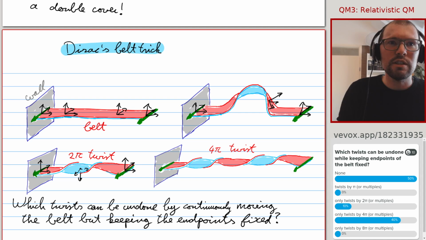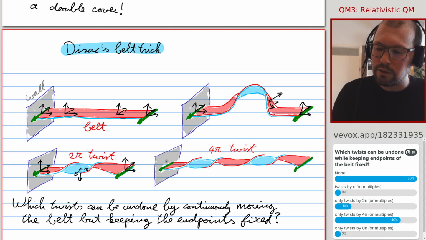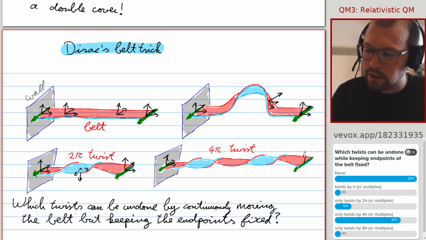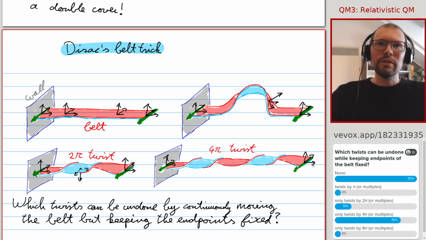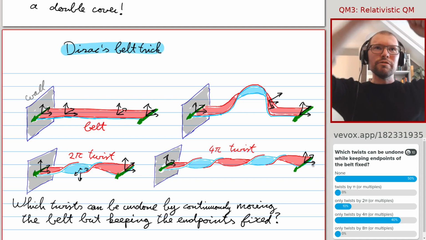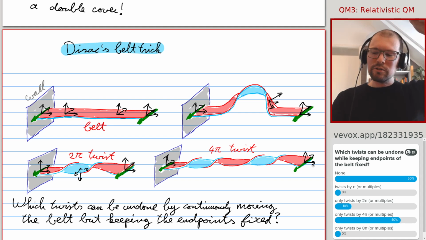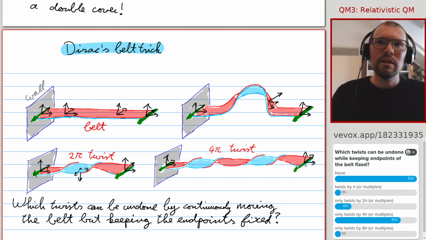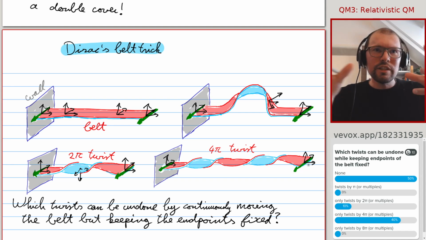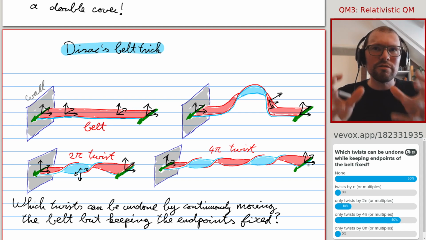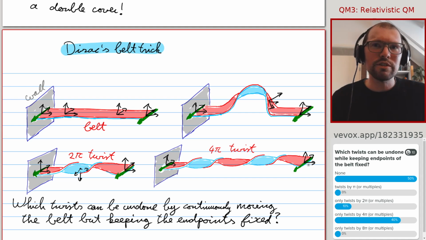So this is again a continuous path through the group of rotations from the identity to the identity. And the same for the 4-pi twist. So if I look at a configuration on the belt and I just deform the belt, moving it around while keeping the endpoint fixed, that is really just a continuous transformation of paths in the group of rotations.